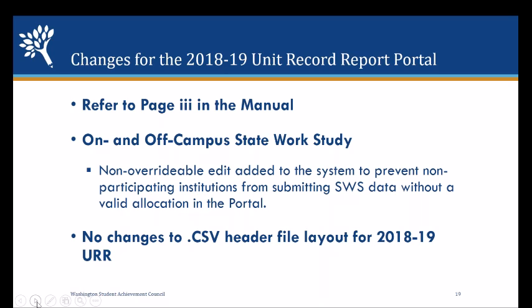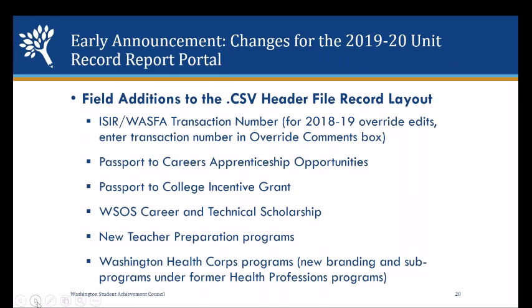It was added to the system to prevent non-participating institutions from submitting state work study data without a valid allocation in the portal. So you shouldn't be able to report it if you don't have an allocation in the portal. So, changes for the 19-20 unit record report in the portal. These are things that earlier in the year we actually asked you all about in a survey.